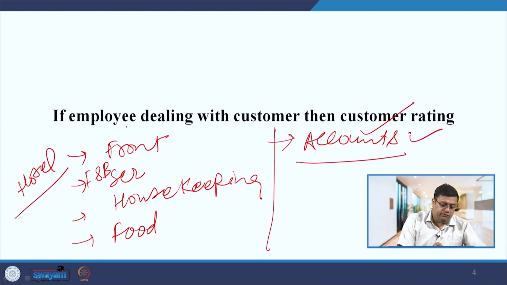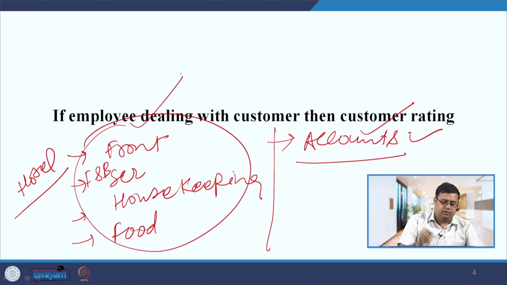But in the case of these 4 departments, front office, F&B service, housekeeping and food production, customer feedback and customer rating are very important, because they directly deal with the customer. So the customer's opinion about the individual's skill is important.